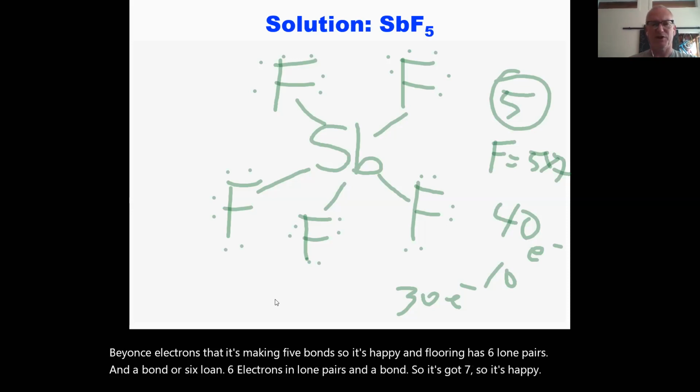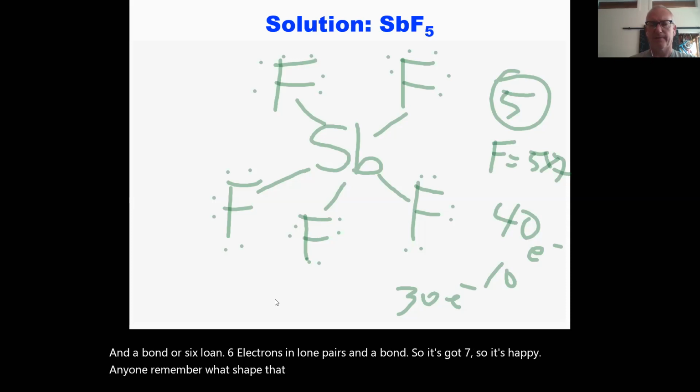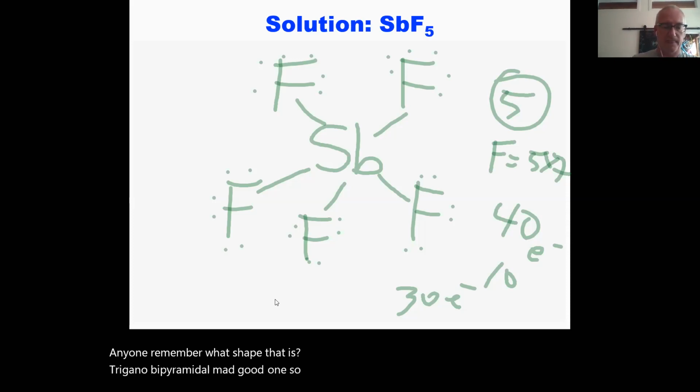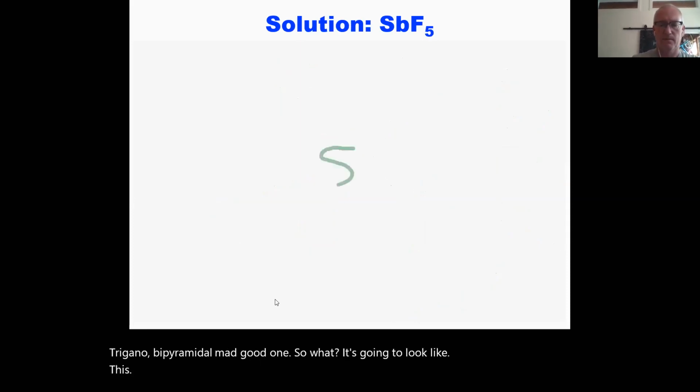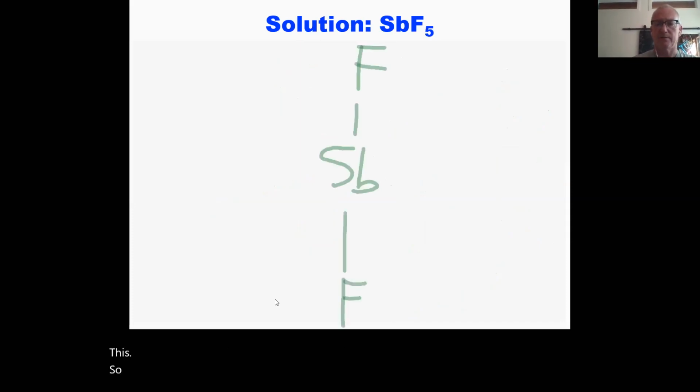Now, anyone remember what shape that is? Trigonal bipyramidal. Good one. So what it's going to look like is this. These are our axial positions.